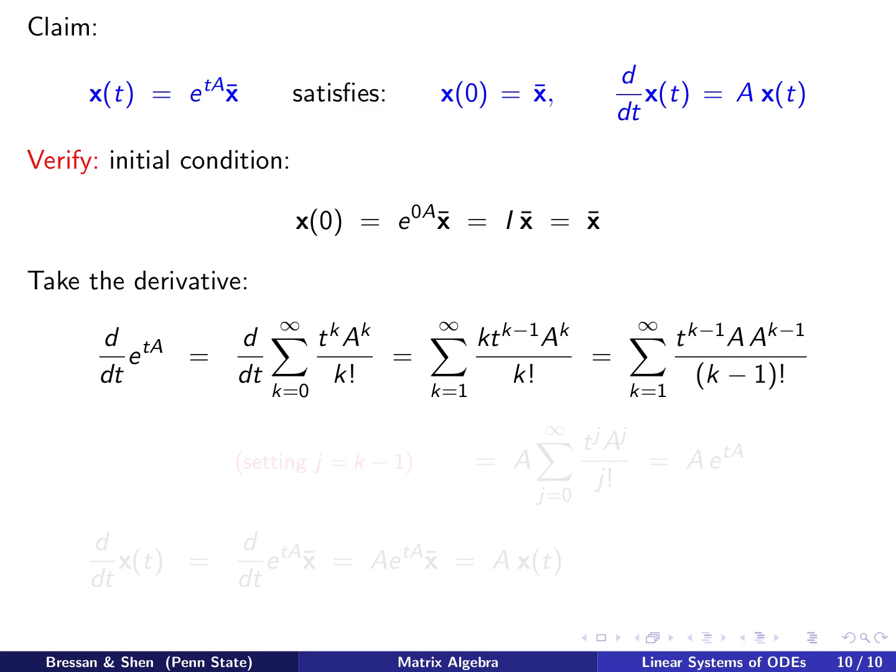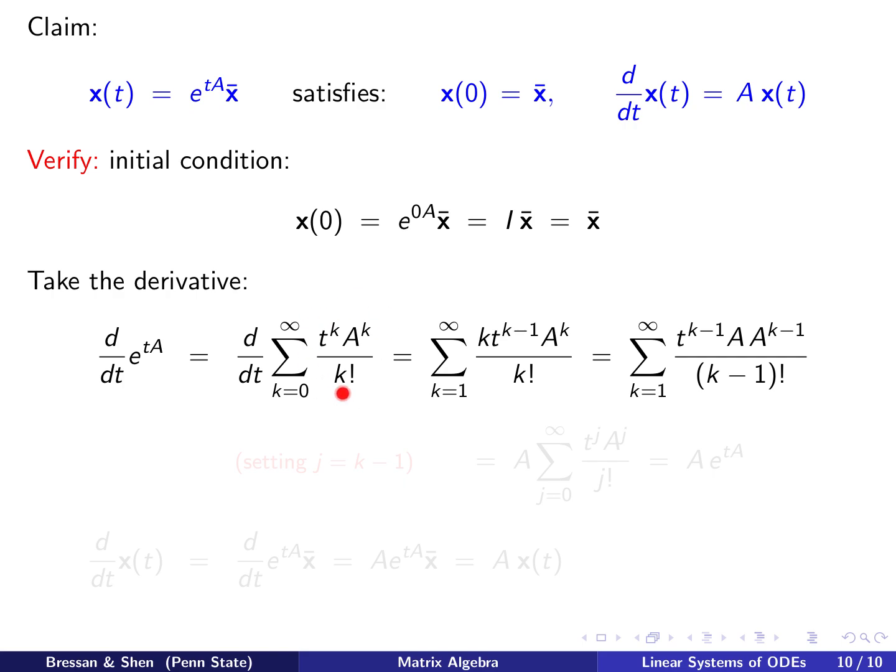Now we want to check the ODEs. So let's take the derivative of just the term e to the tA and see what I get. So d/dt of e to the tA is d/dt of the Taylor series, assuming that it holds, so it's this series summing for k from 0 to infinity of this expression. And then let's assume that I can move the differentiation into the sum here.